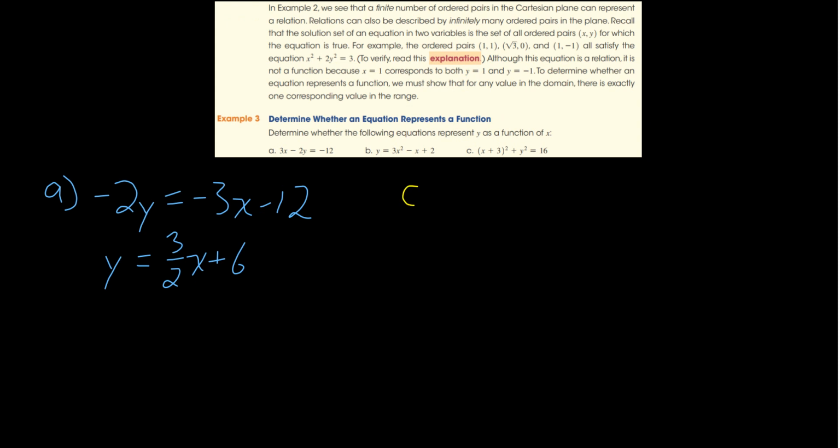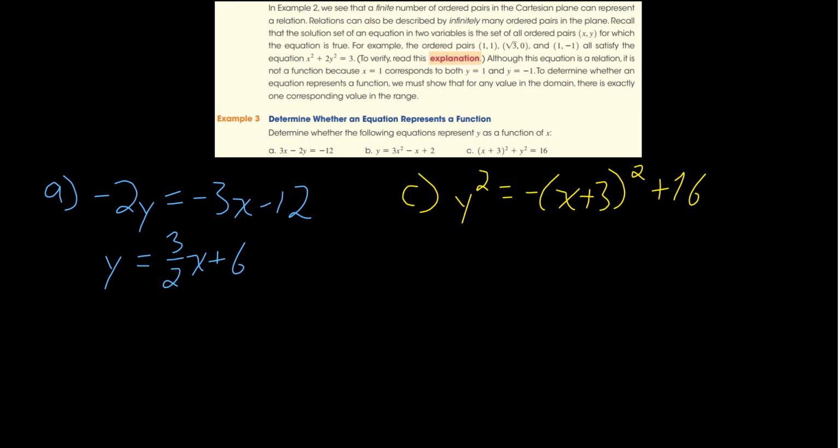So let us solve for y. Here we go. I'm going to have y squared is equal to negative x plus 3 quantity squared plus 16. Now I'm going to want to take the square root of both sides.